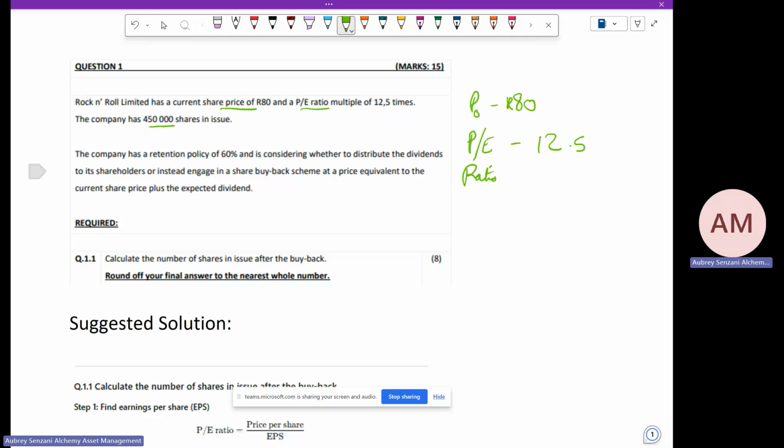The company has 450,000 shares in issue, so the number of shares is 450,000.